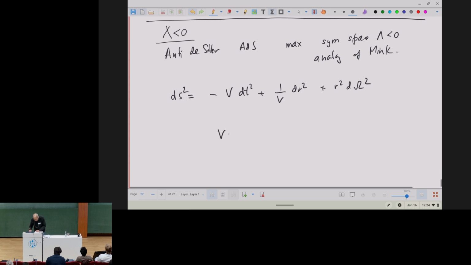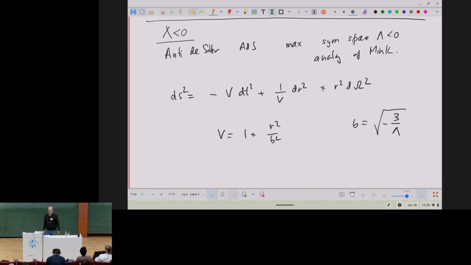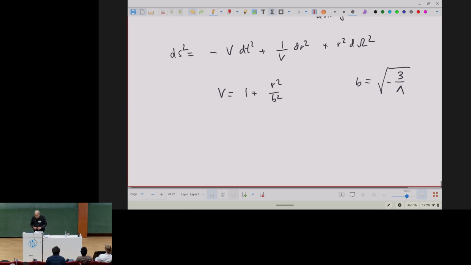Here V is 1 plus r squared over b squared, and b is related to the cosmological constant, which is here assumed negative. So minus 3 over lambda is positive, so b is real. So that's the Lorentz signature version. And again, we can let t be minus i t_E, and then we get a Euclidean signature version.